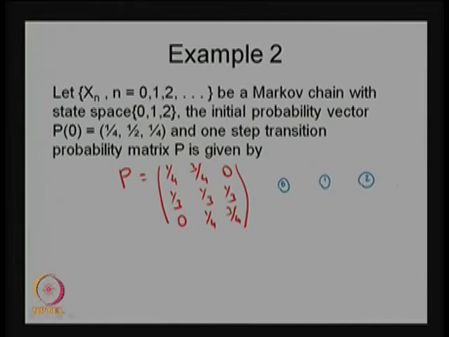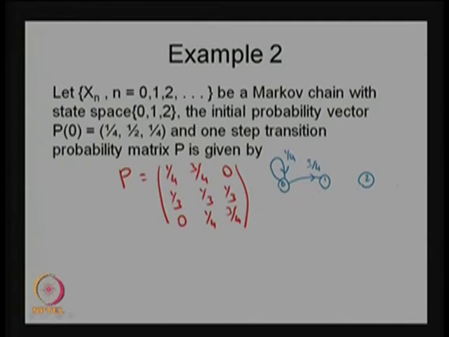Therefore, the nodes are 0, 1 and 2. Going from the state 0 to 0 in one step is 1/4, and from the state 0 to 1 in one step is 3/4, and there is no probability of going from the state 0 to 2. Therefore, we should not draw the arc.